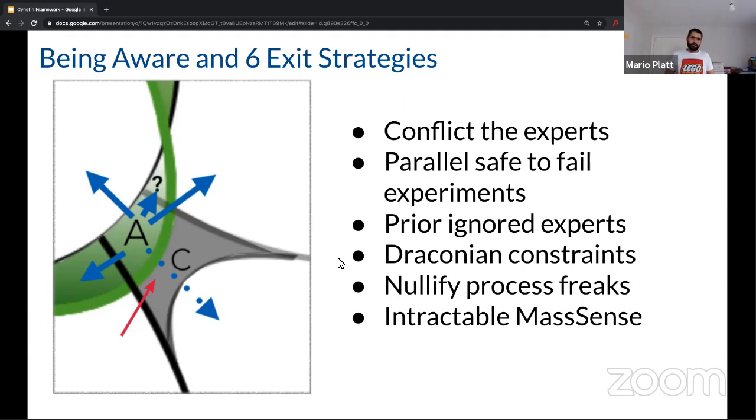The first one at the top is conflicting the experts. So that's what it means to go into that question mark that exists over there. What you do here is you get people from different types of backgrounds. So in cybersecurity, we could potentially get the operational person, the architect, and the cybersecurity person into the room, and each of them will have some coherent hypothesis on what we should do. And then you, as the decision maker, in this situation the decision maker will not be the security leader, right?